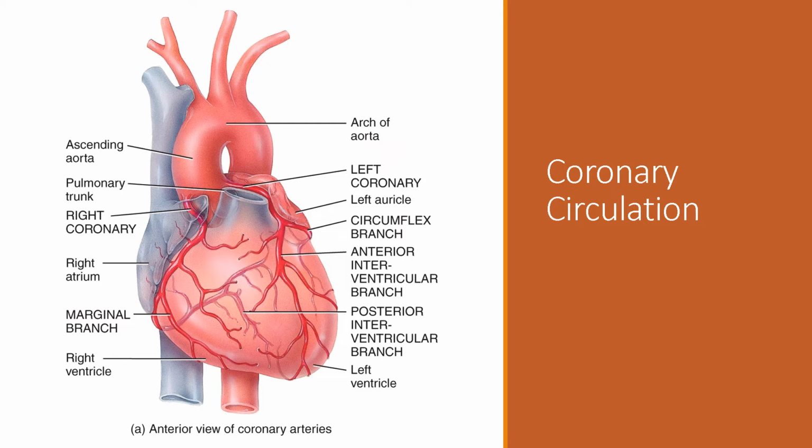Now there are two coronary arteries, the left and right coronary artery, that will branch from the ascending aorta. And they're going to supply this oxygenated blood to the myocardium. The left coronary artery passes inferior to the left auricle, and it divides into the anterior interventricular branch, and it also is going to divide into the circumflex branches.